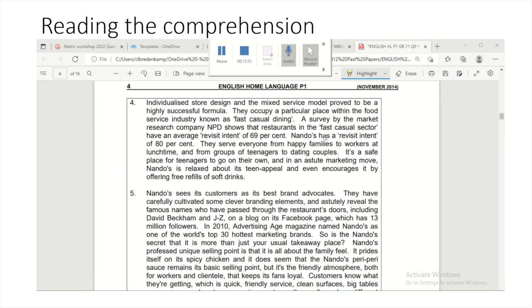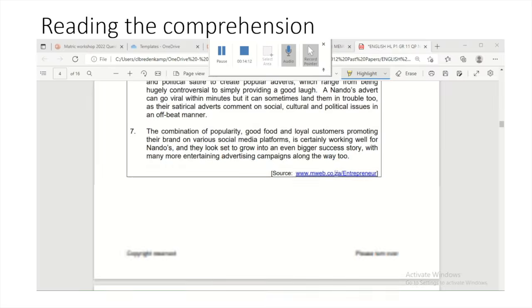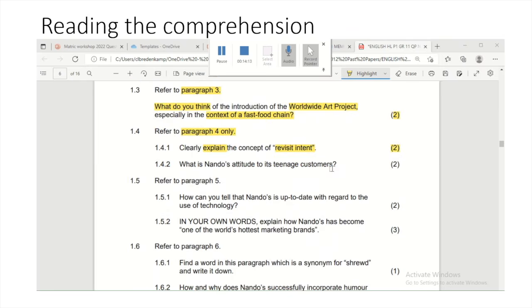So let me have a look. Here we have Nando's has a revisit intent of 80%, okay? Other fast food casual sector restaurants have a revisit intent of 69%. So let's think about what it means to revisit a place. You want to go there again, and intent is the action, the want to do something. So this question is asking you to explain, account for the concept of a revisit intent.